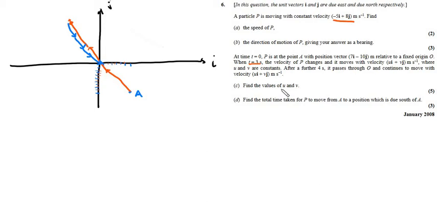And it wants us to find the values of u and v. Find what this vector is. So this vector is (u, v). So how do we do that? Well, our starting position, as we've just drawn on this diagram, is (7, -10).